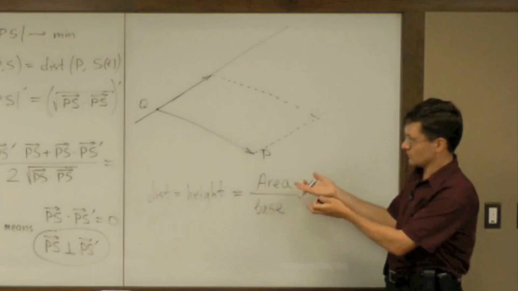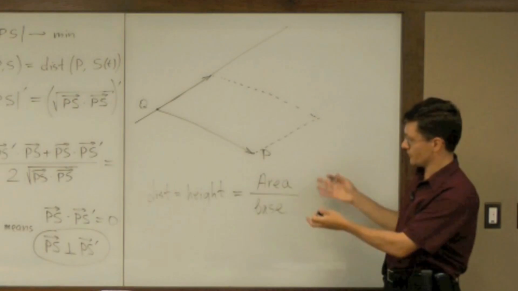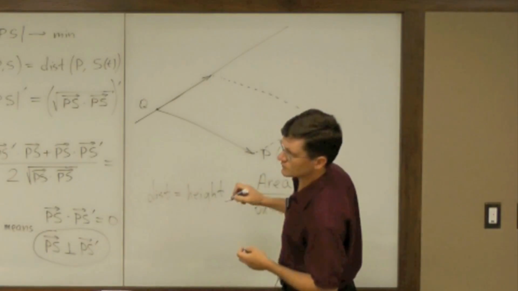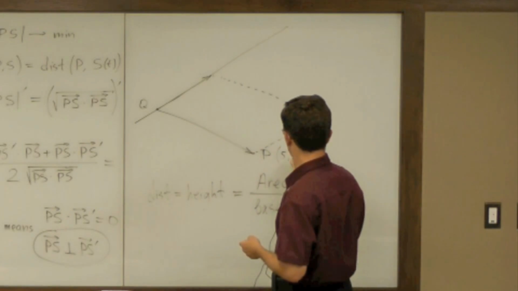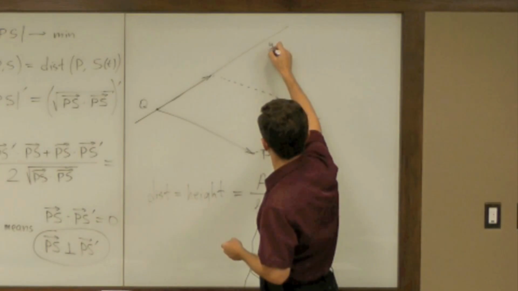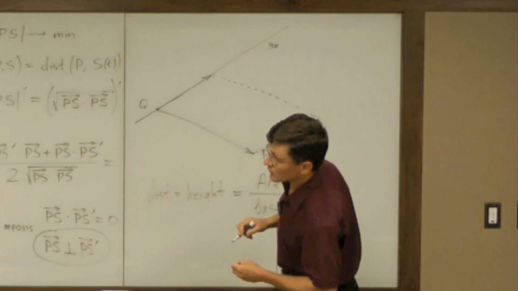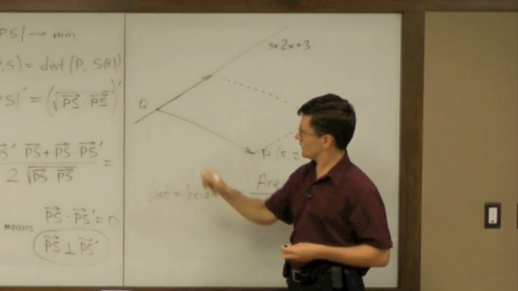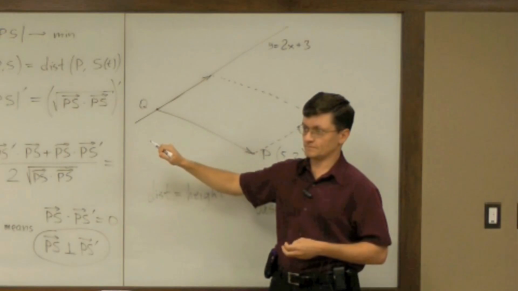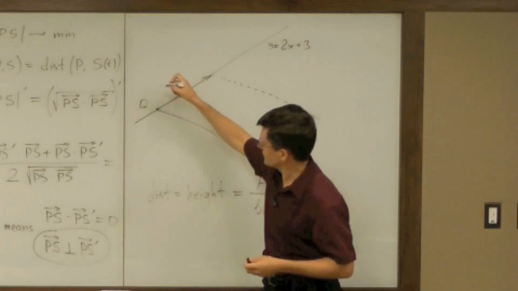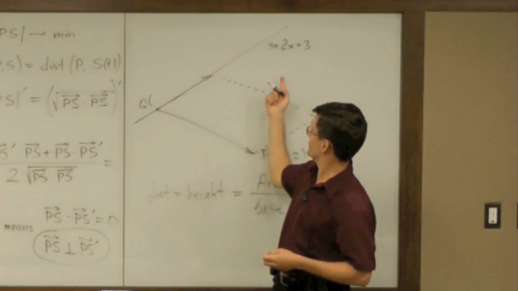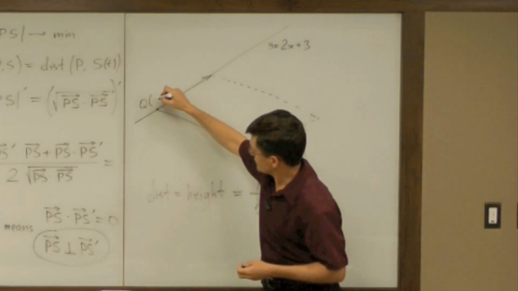Now, can we set up the whole thing algebraically? If I give you numbers, let's say P has coordinates 5, 2, and the line is y equals 2x plus 3. Can you pick a point on a line? Please do. Why don't you give me a point on that line? 0, 3.